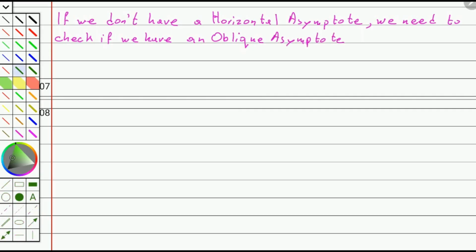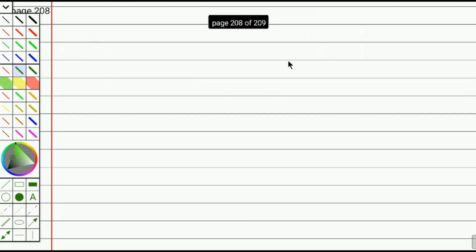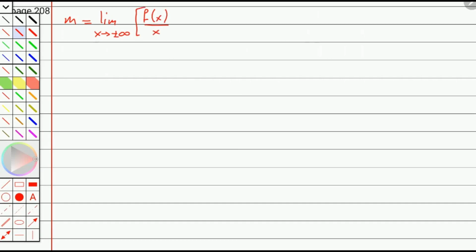And the model of the oblique is the straight line model, y equals mx plus c. So we are going to use this during our calculations. So we start with the gradient of the oblique. m is equal to the limit as x approaches plus or minus infinity of f of x over x. So we do this first, and if this is a real number, then we continue for c. So let's find this first.